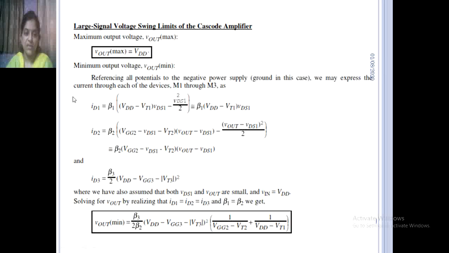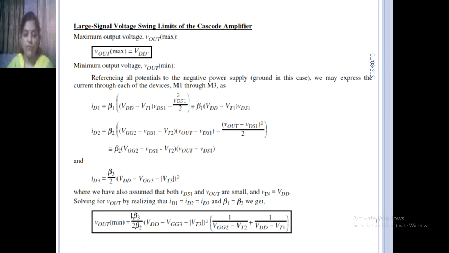We may express the current through each of the devices M1 through M3 as ID1 equal to beta 1 times this expression, and the second and third MOSFET currents are given by these equations, where we also assumed that both VDS1 and Vout are small and Vin is equal to VDD.